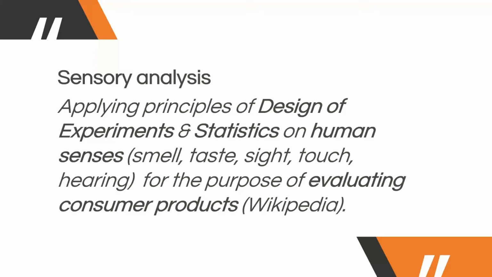For instance, in the car industry, sensory analysis can be used to optimize the sound of the car door closing to make it feel more secure. Or it can be used in the sportswear industry to optimize the softness of a shoe for it to feel more comfortable. Notice that in all of these examples, I've mentioned two categories of variables.